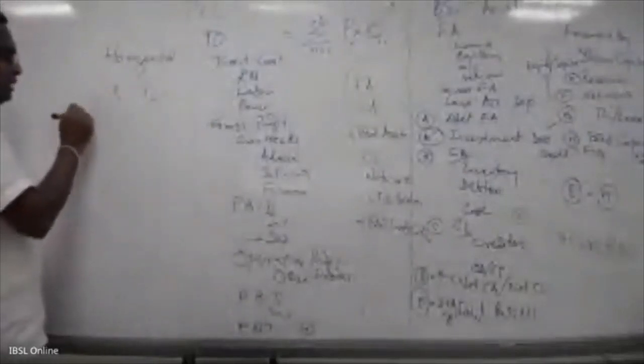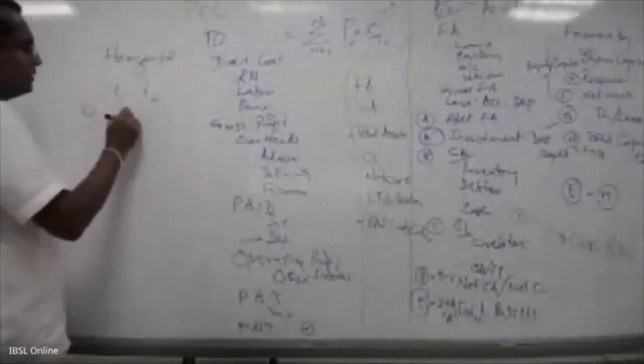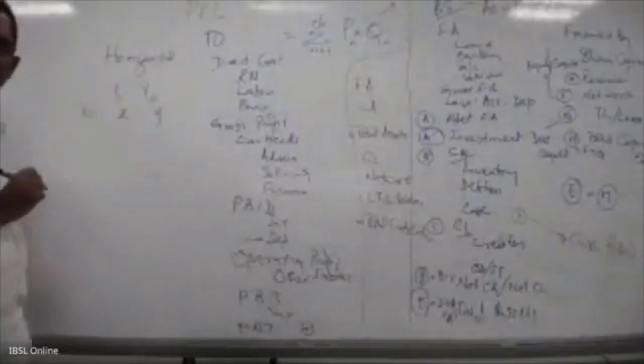First one is horizontal. That means we have year 1, year 2, turnover X, Y, right?